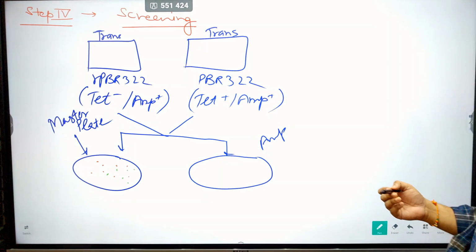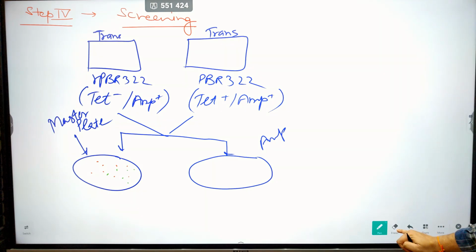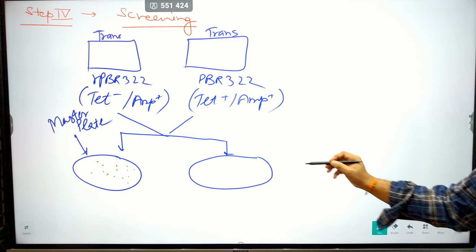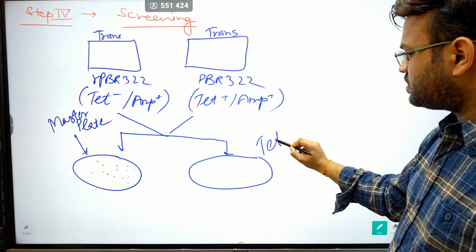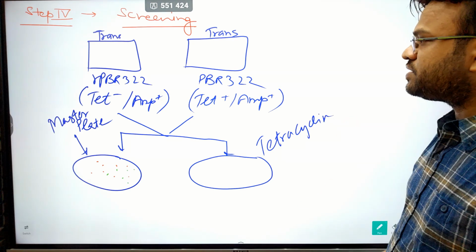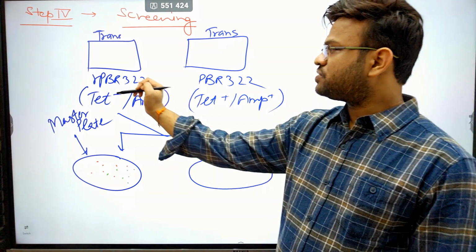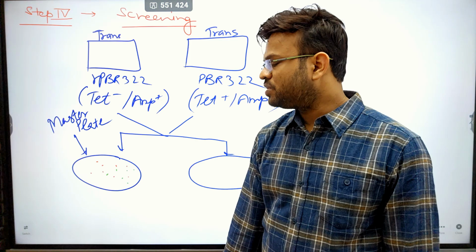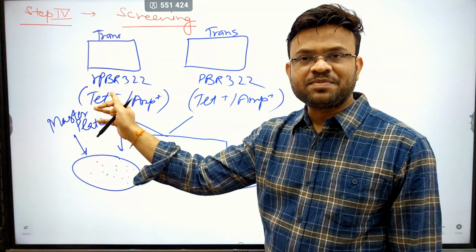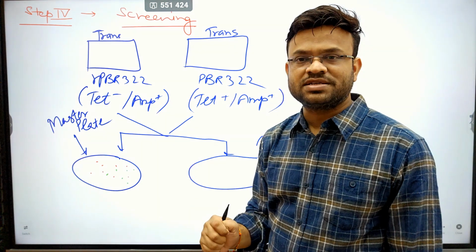Yes, basically, let me just write it. Just clear it off. Not ampicillin. I would be using tetracycline. I am using tetracycline antibiotic. Now, if you are using tetracycline antibiotic, of course, the recombinant pBR322 will not survive because the tetracycline resistance gene is absent over here and only the ampicillin resistance gene is present.